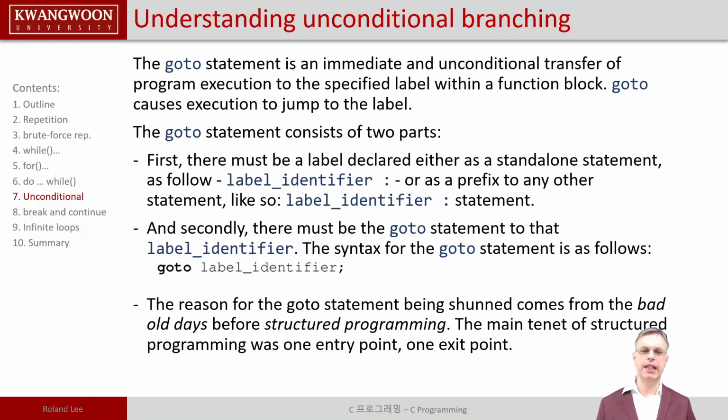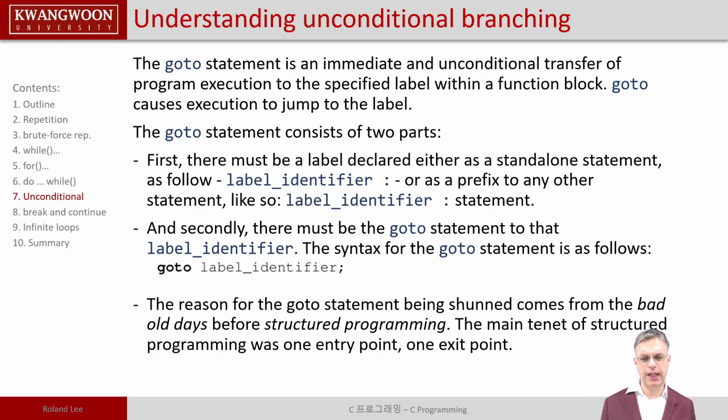Now, understanding unconditional branching, the do's and mostly don'ts of goto. The goto statement is an unconditional transfer of program execution to a specified label within a function block.